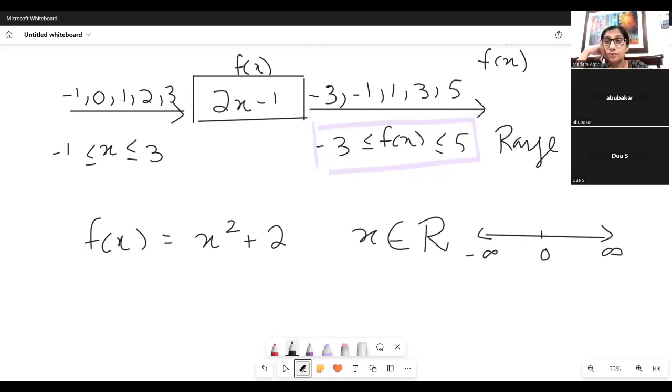Now, if that is the domain of this function f(x), then what can be in the output? Infinite.